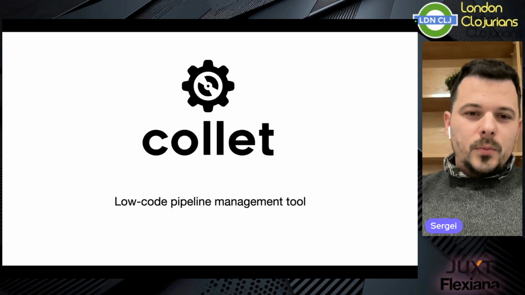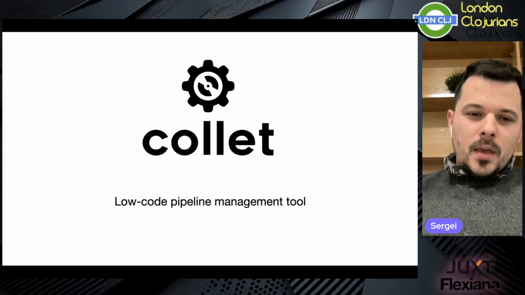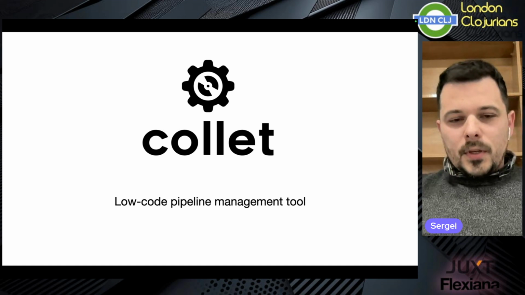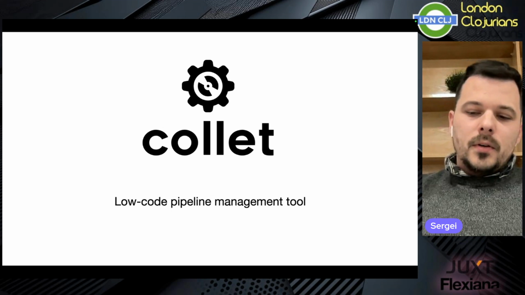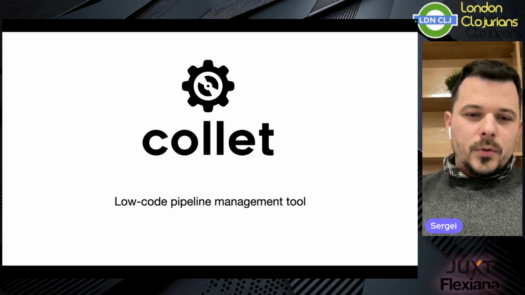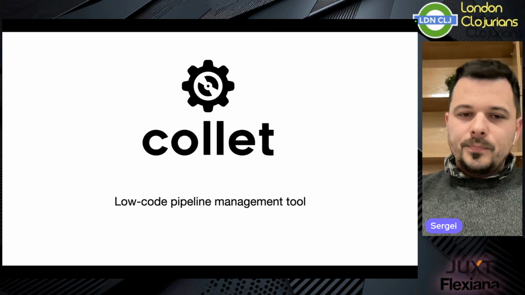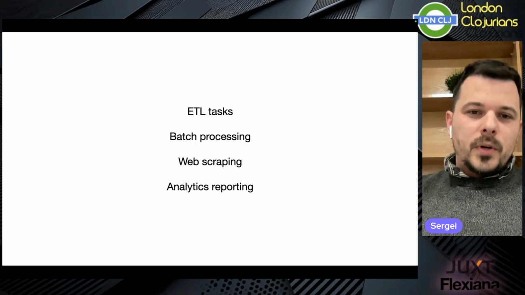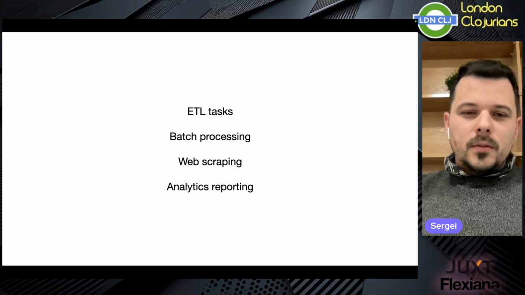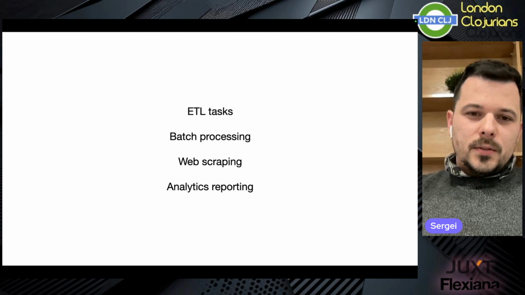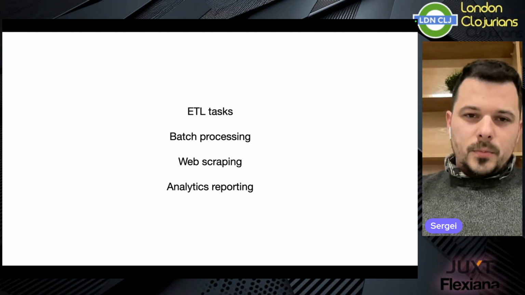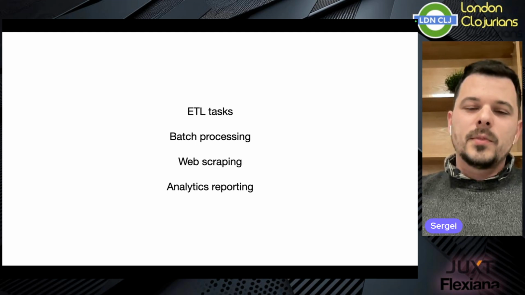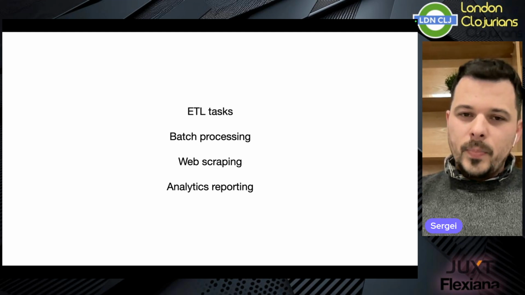Today I will be talking about Colette. Colette is a low-code tool to create, manage, and profile data processing pipelines. When I mention data processing pipelines, in most cases I mean these four types of jobs. It's about ETL tasks, when you need to extract data, transform it, and load it into another system.